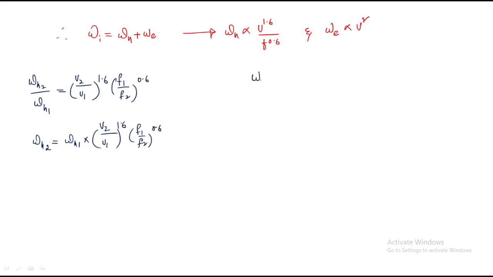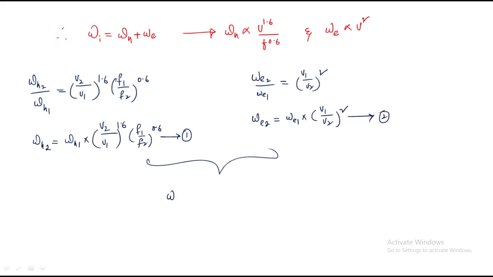So from this, WE2 by WE1 equals V2 by V1 whole square, that is, V1 by V2 whole square inverted. From this, the required WE2 should be equal to WE1 into V2 by V1 whole square. So this is 1, this is 2. So from this, what is WI, which equals WH1 into, that is 340, right?